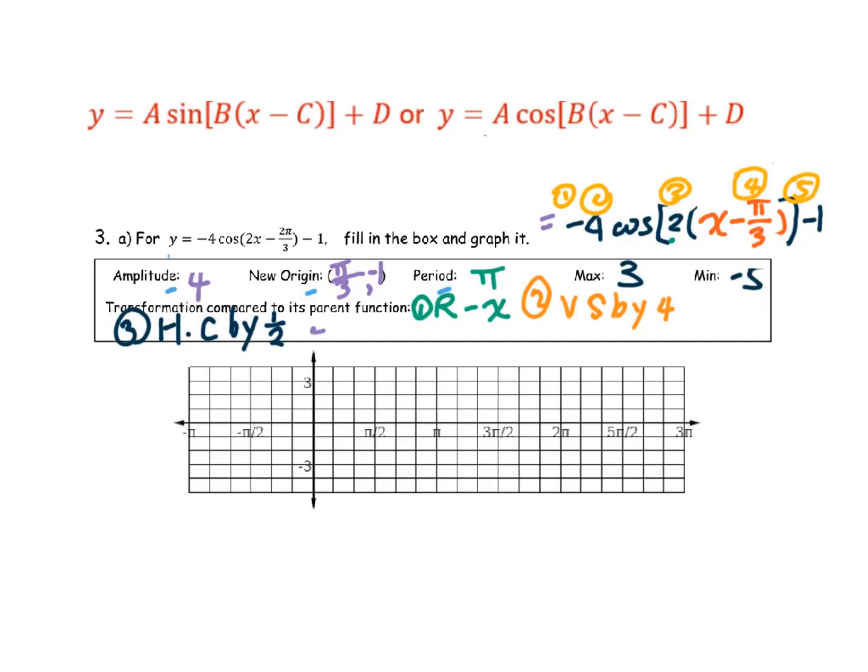For fourth step, we move to the right pi over 3 units. For fifth step, let's go down 1 unit. So we already got new origin that is pi over 3, -1.